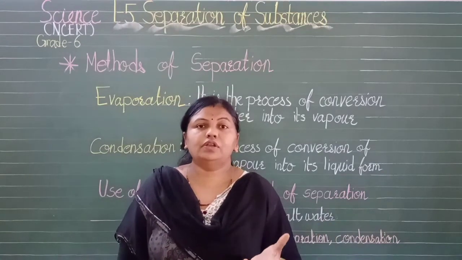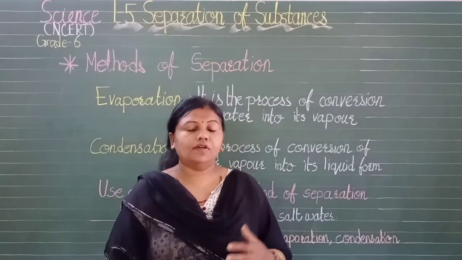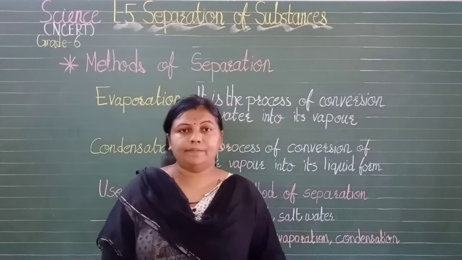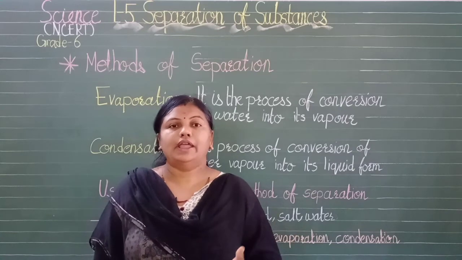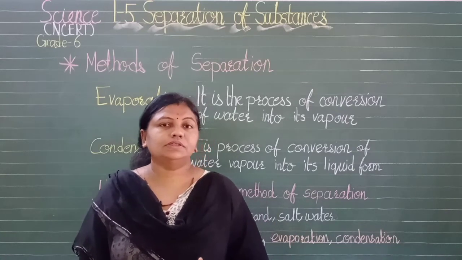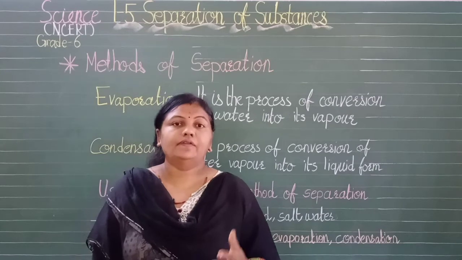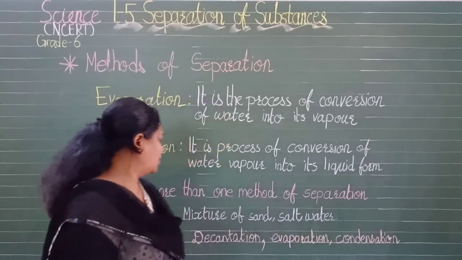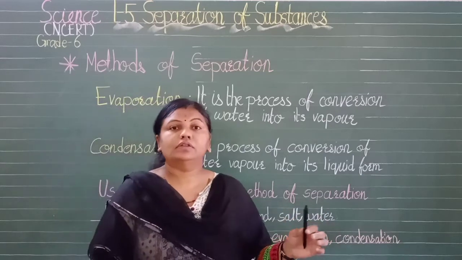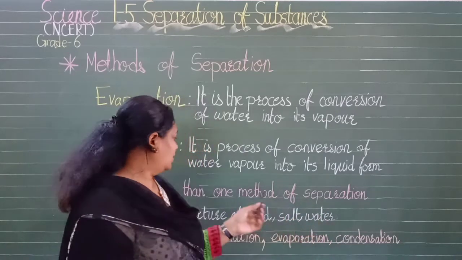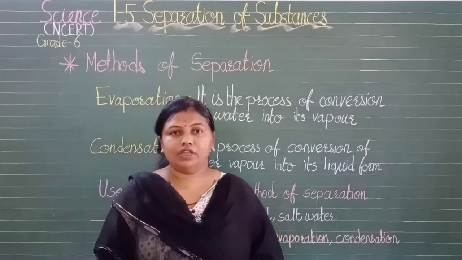When the mixture of salt and sand is taken and we want to separate it, first of all we need to add water. What happens after adding water? With the help of the decantation process, the upper layer of water will be removed and the sand will remain at the bottom.